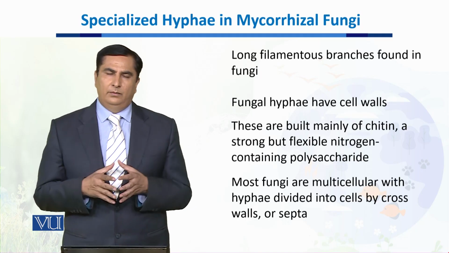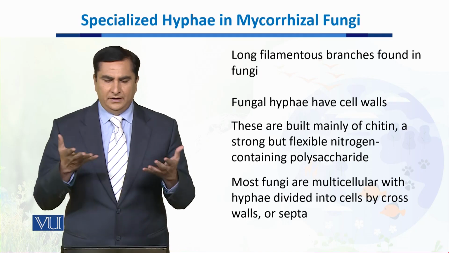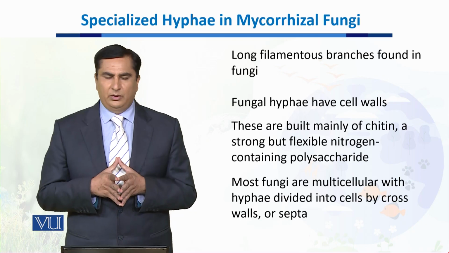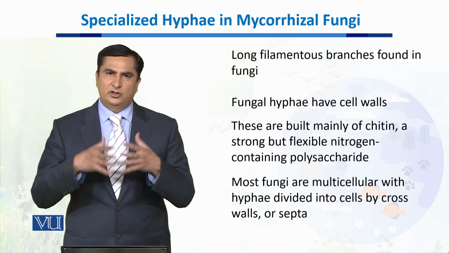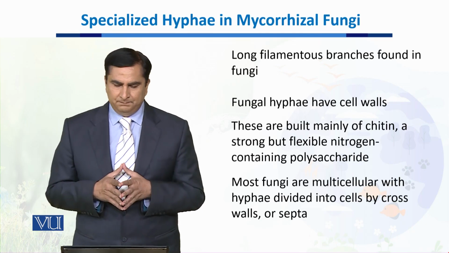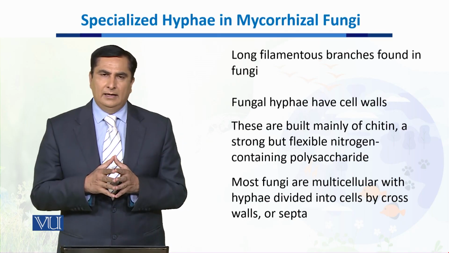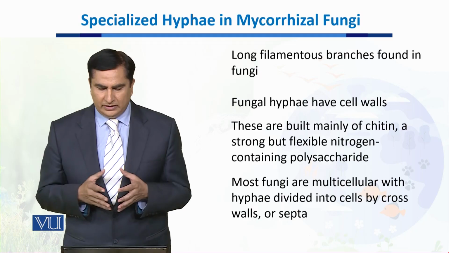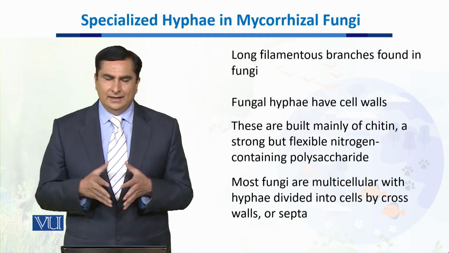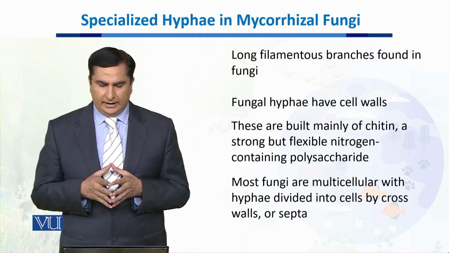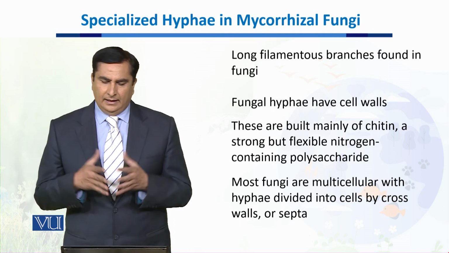Now, the hyphae are the long filamentous branches which make up the body of these fungi. We know that these fungi have a special cell wall made up of chitin. Chitin is a special kind of polysaccharide. It's a flexible nitrogen-containing polysaccharide, in fact.